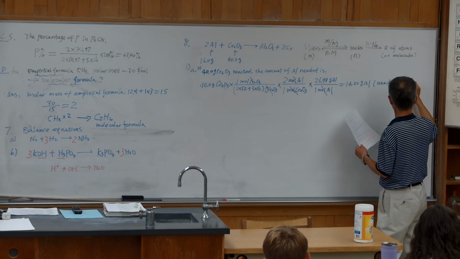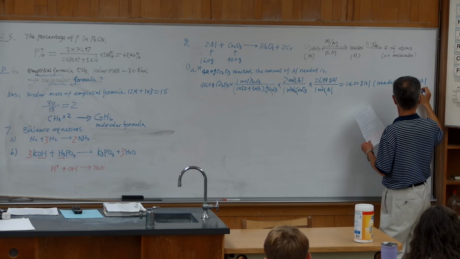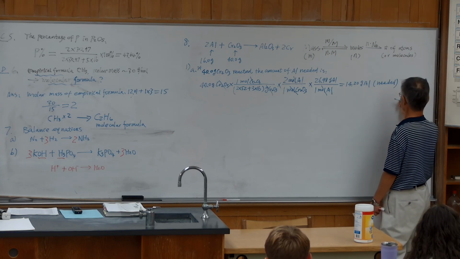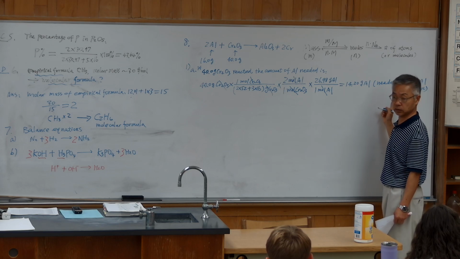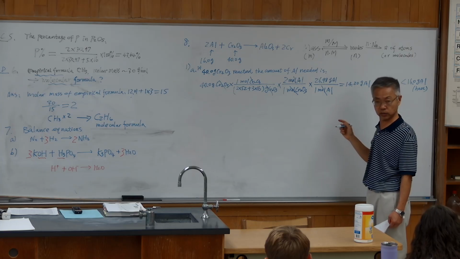And we have 16 grams. So the amount needed is less than the amount we have. What does this mean? Aluminum is in excess. We have too much aluminum, right?